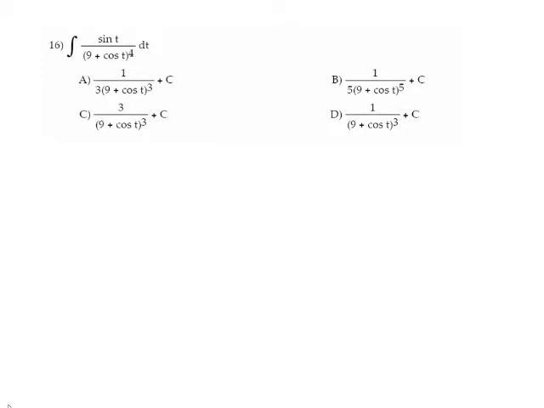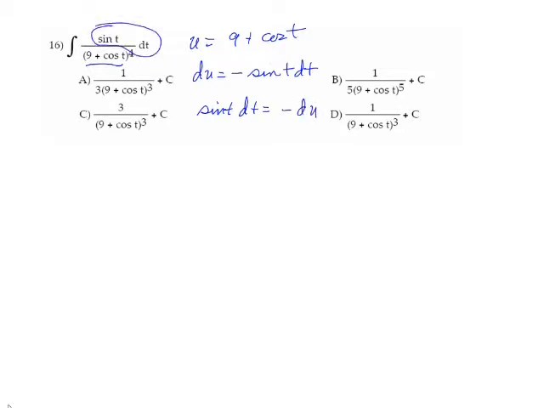Here, a good substitution appears to be to let u equal 9 plus cosine of t, because du is equal to minus sine of t dt, which means that sine of t dt is equal to minus du. So this part is going to become minus du.